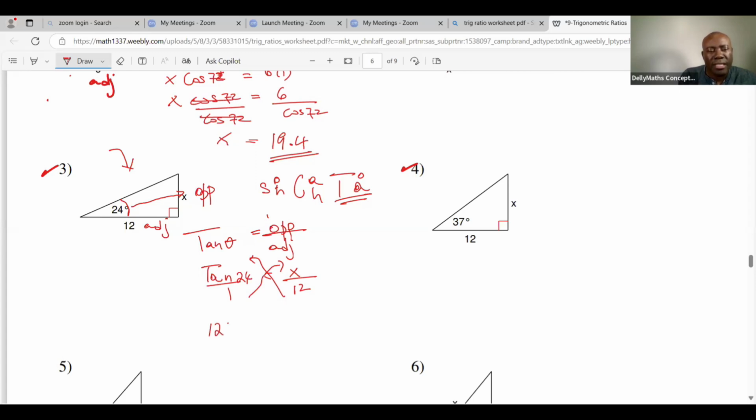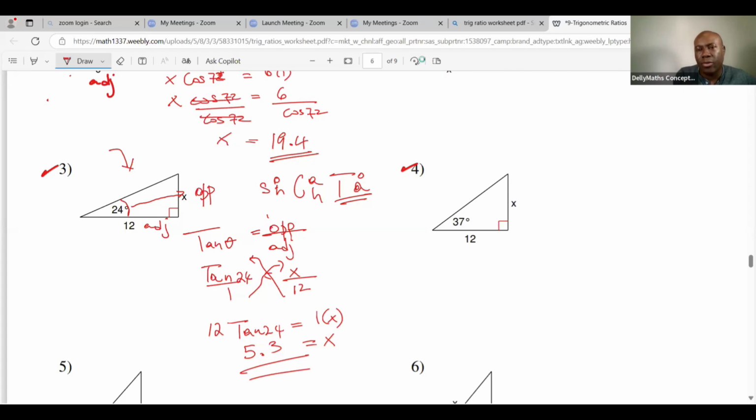So x times 1 is x, which is 12 tangent of 24, and my answer is going to be 5.3. That is the length of that side there.